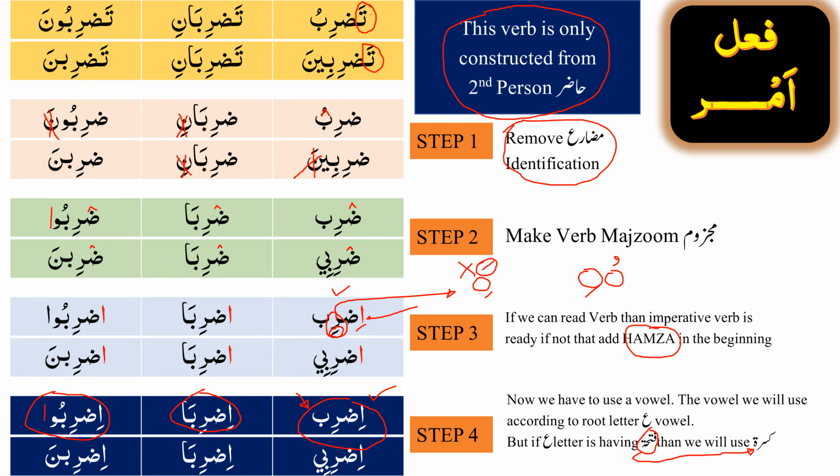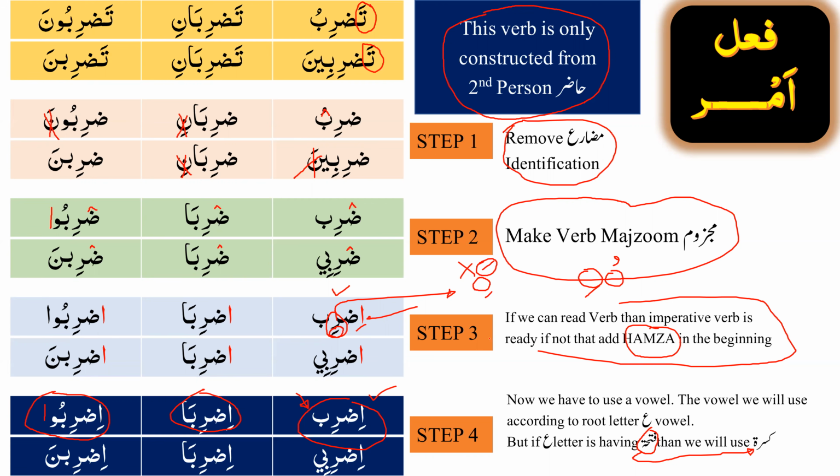If we go to the full chart, like yadribu, this ya; adribu, alif; nadribu, noon. Make the verb majzoom, as we learned in the last lecture, how to make a fail mudare majzoom. Then third step: if we can read the fail amr, it is ready.